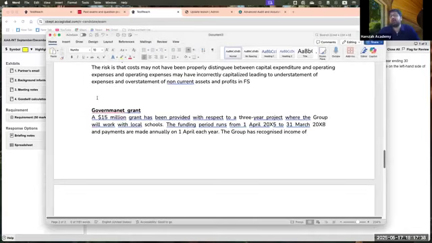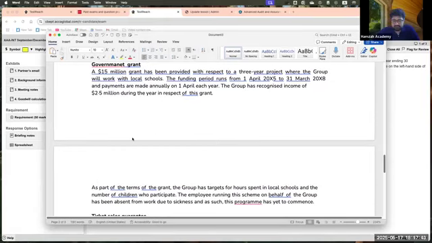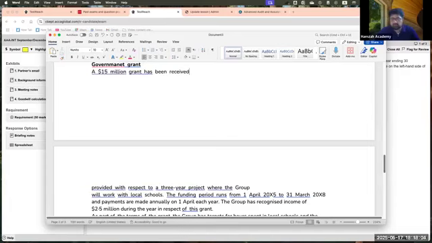The next point is another accounting issue, government grant. So government grant, 15 million. First of all, materiality. It has been received, which is material to financial statements being much above the materiality threshold.